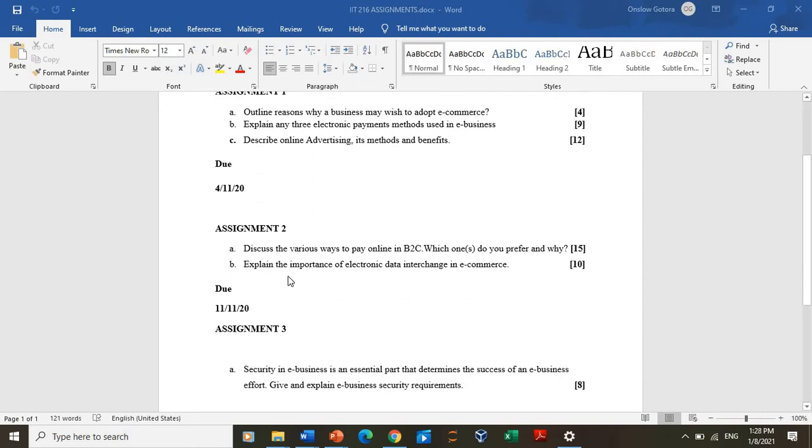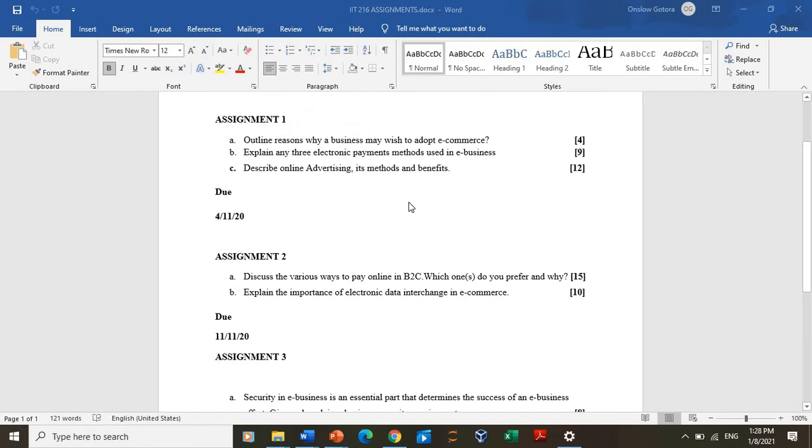And then the second part: describe ways to pay online in B2B, which ones do you prefer, and why do you prefer them? Not a single person had the guts to say you are just repeating the same part as part B in assignment number one.